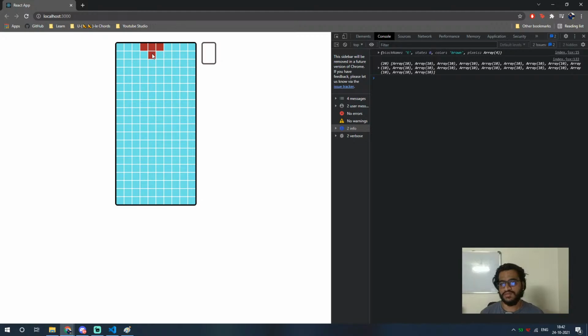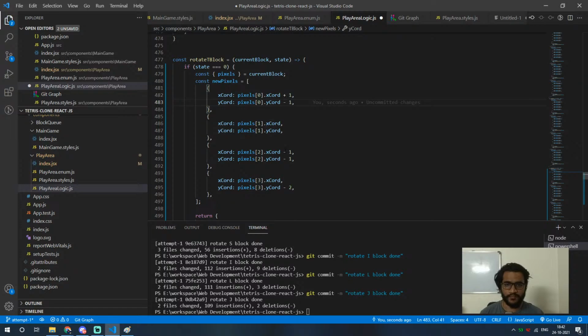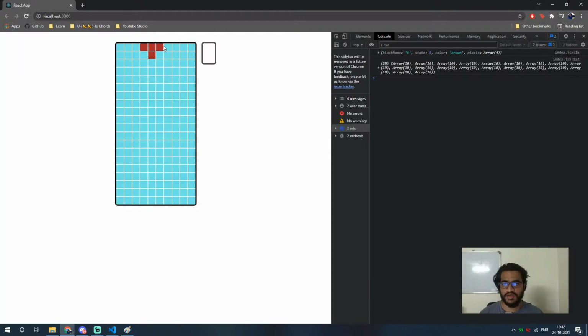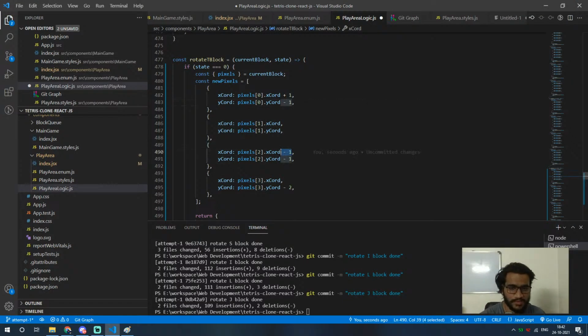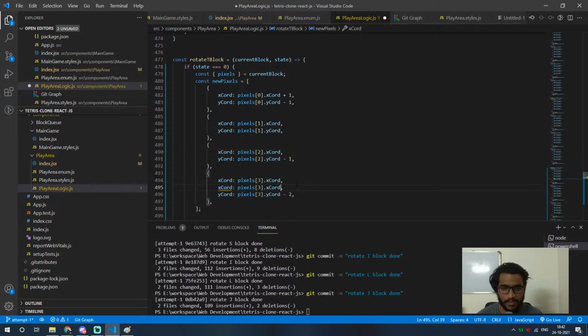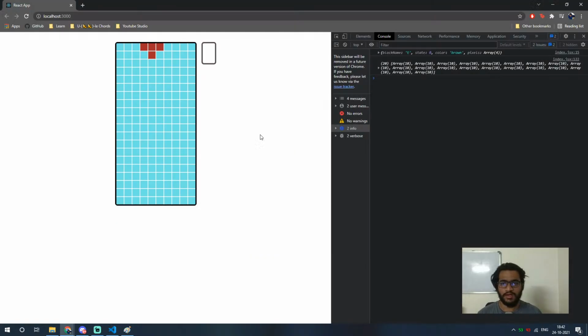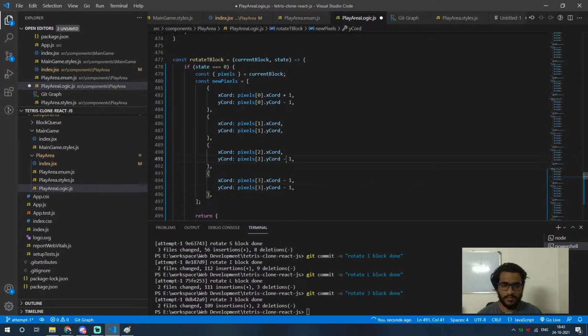Then this would go minus 1 x minus 1 y, the third one minus 1 x minus 1 y, and the fourth one, sorry, the third one is this, right? This would be fourth one, minus 1 x minus 1 y, and the third one would be minus 1 x plus 1 y.